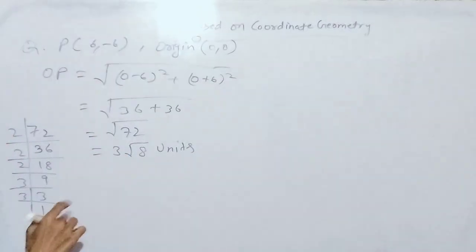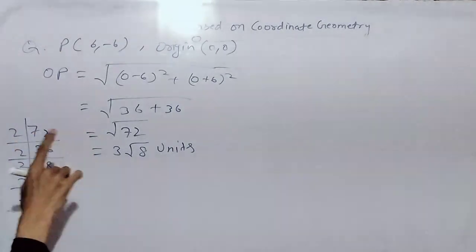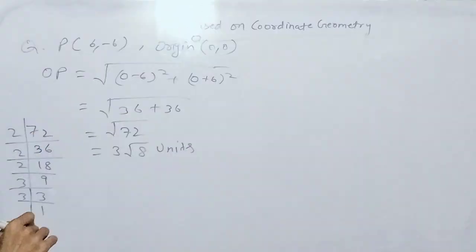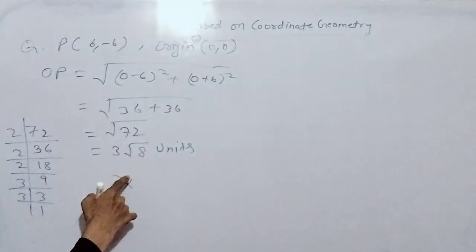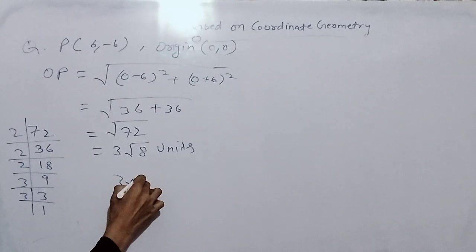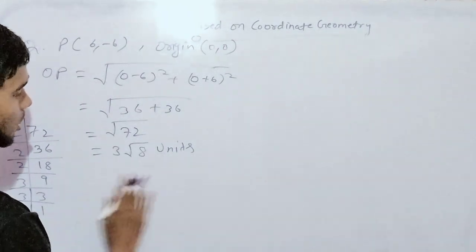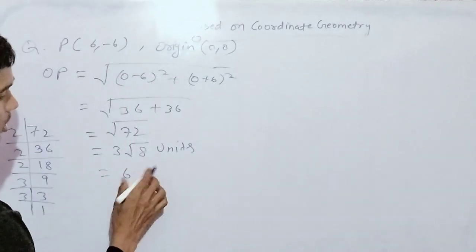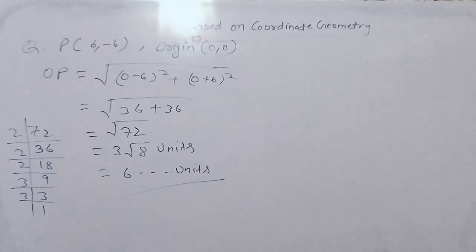Now you are clear. Is it 3 point something? No, not 3 point something. It is 6 multiplied by 1 point something something, so you have 8 point something something units. Clear? This is the meaning of this.